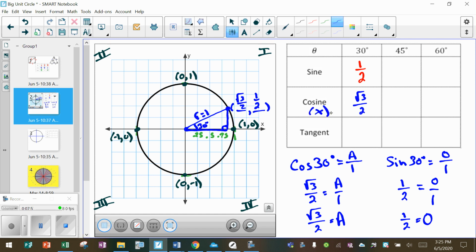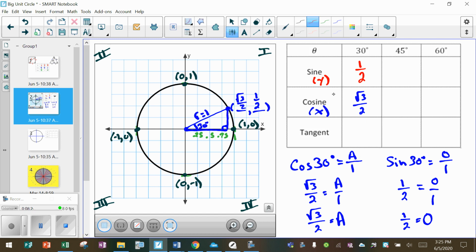So going around this unit circle, I can continue this with every point on the unit circle. The sine value of the angle gives me the y-coordinate of the point, and the cosine value of that angle gives me the x-coordinate. Cosine is x, sine is y, alphabetical order. C comes before S, x comes before y.